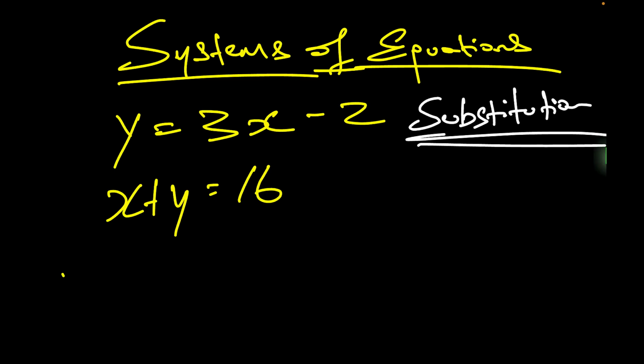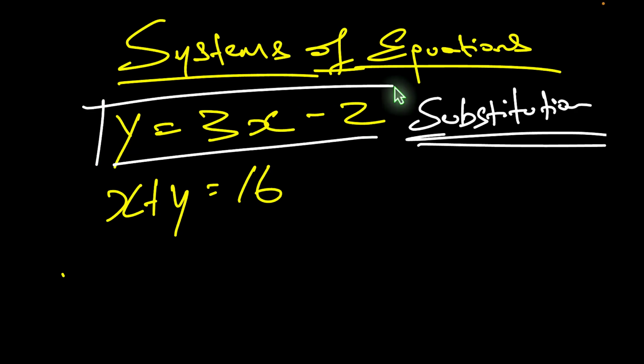And all that is, in this instance, you can see where in one of our equations we have y on one side by itself. So that's that equation. It's telling us that the value of y is 3x minus 2. Now, all we're going to do is replace y in this second equation down here with that same value, 3x minus 2. And what that looks like now is this.